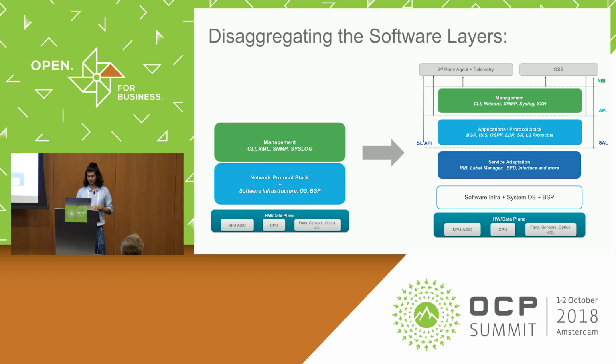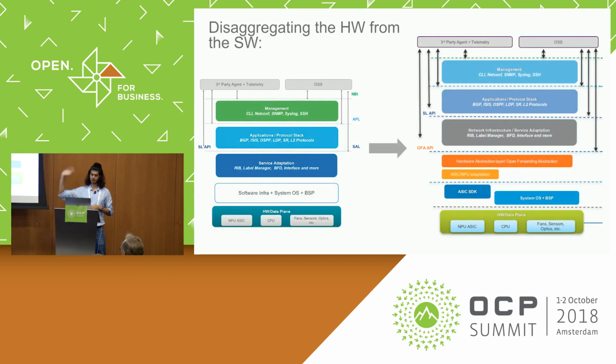But we couldn't stop there, right? So as we progressed further, we started disaggregating the hardware and the software as well. So you looked at the layers that we separated out on the software side. Let's go one step further. And we were able to then isolate that software infra system OS BSP layer that you see there, and then slice it up into a couple of important layers.